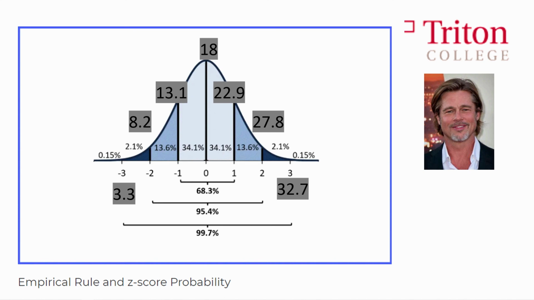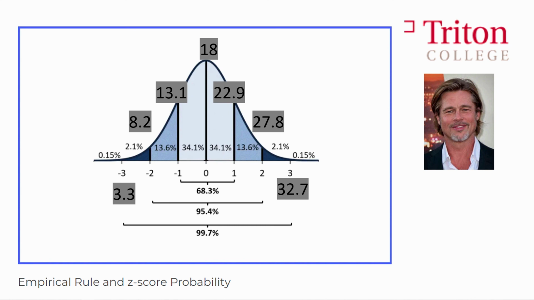I plugged those numbers in: 8.2 minutes is 2 standard deviations below the mean, 18 minus 4.9 minus 4.9 equals 8.2. And to the right, you see 27.8 minutes, which is 2 standard deviations above the mean.